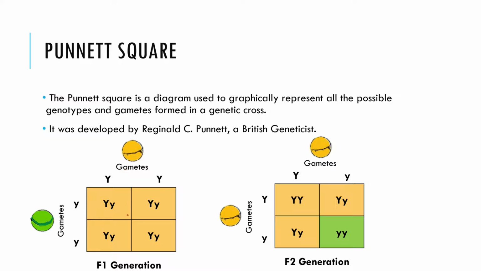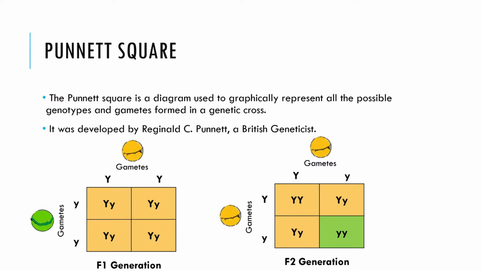Okay, so for example, let's take an example of seed color. The dominant seed color is yellow, and the recessive phenotype is green. So the gametes that can come from the dominant ones would be uppercase Y and uppercase Y, whereas the gametes from the green one would be lowercase y and y.